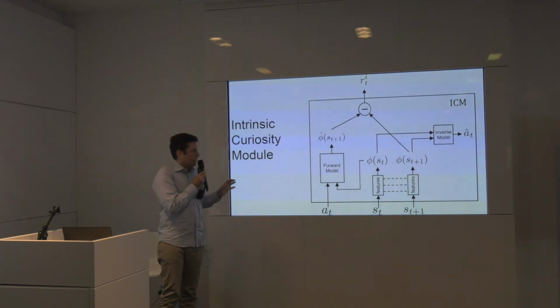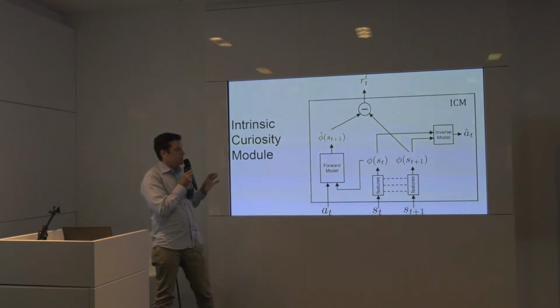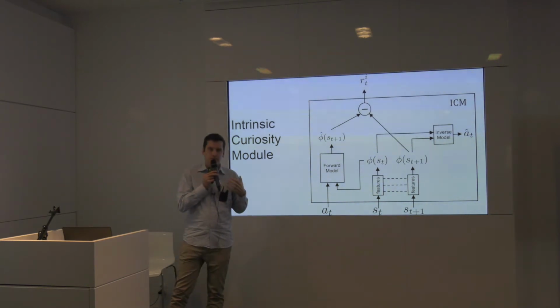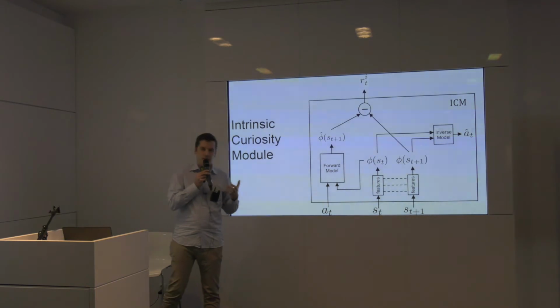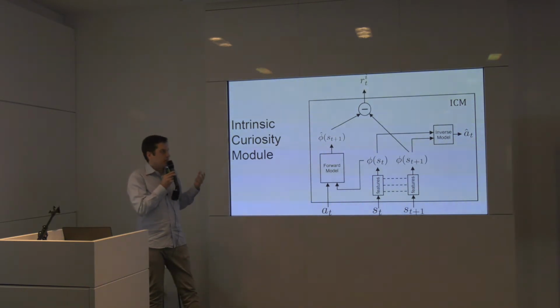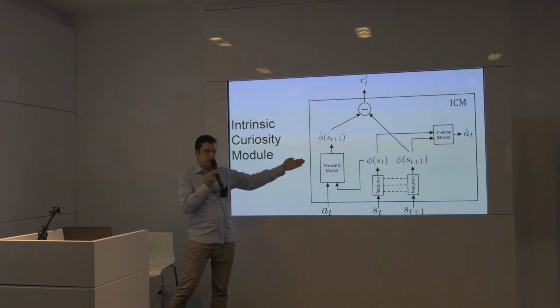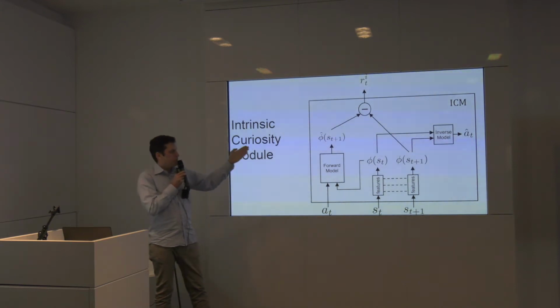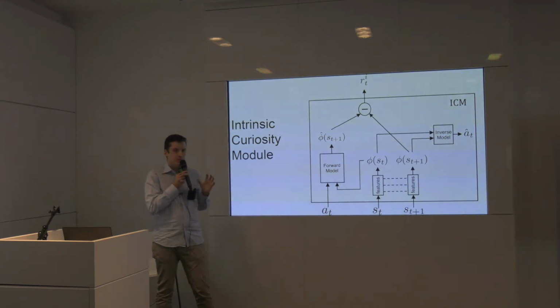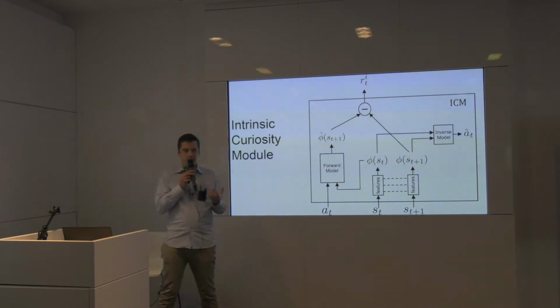So the key insight is to see which actions you affect the environment, and by which actions you can affect the environment. And the idea is to encode the state into some features, and those features, this phi, should represent only those things you can effectively affect.